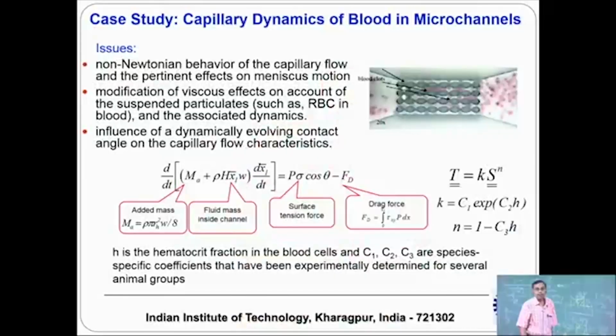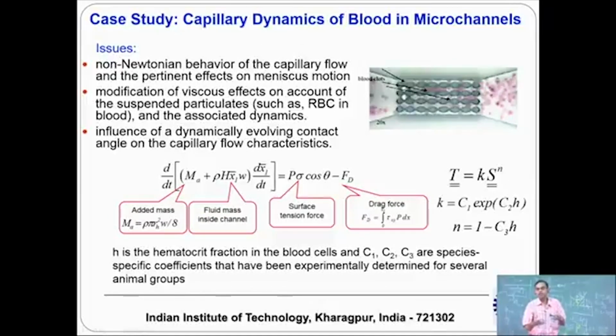Blood is of course intrinsically a viscoelastic type of material, partly viscous and partly elastic because of the blood cells inside. In the blood constitutive model in this equation, the shear stress, the stress tensor, is k into the rate of deformation tensor to the power n. So this is a power law model.